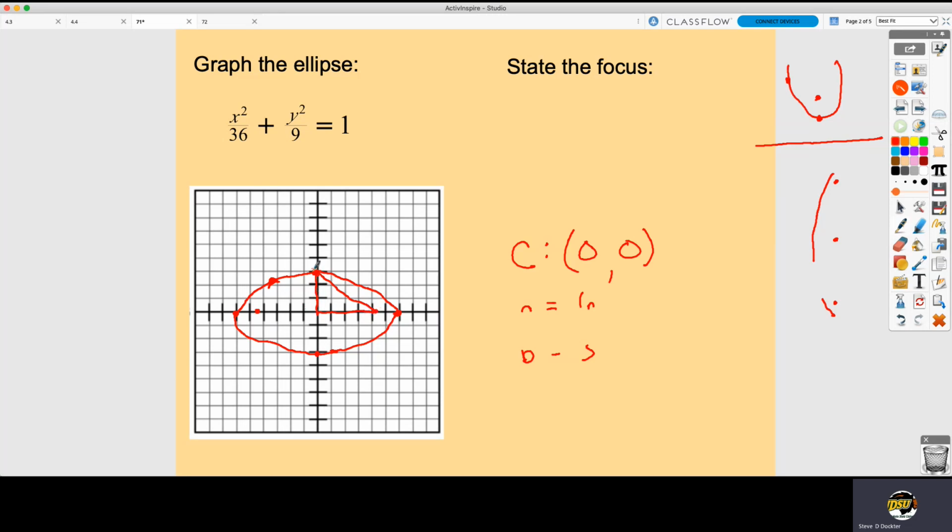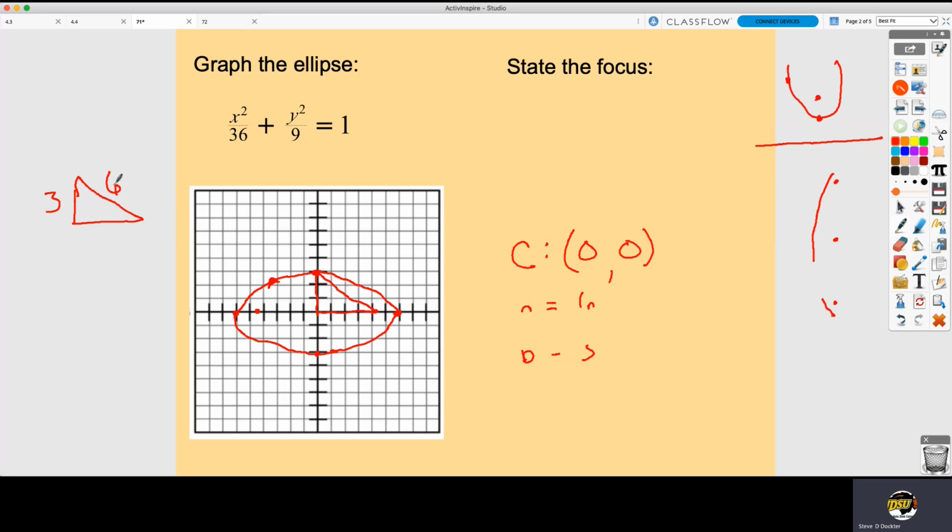But we do know this part here on what's called our minor axis. That's just our smaller one. For this one, this would be a triangle with a height of 3. The other thing that we know is we do know our hypotenuse. Our hypotenuse ends up being 6.